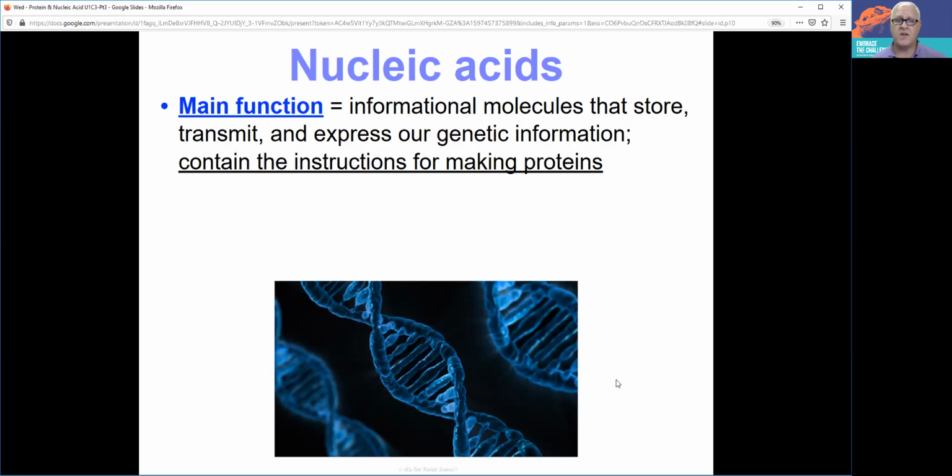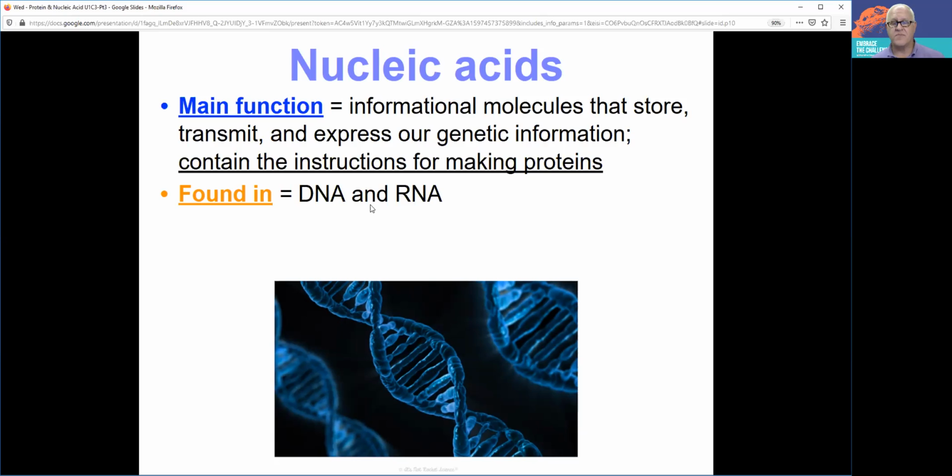So I want you to think of the nucleic acids as the information storage molecule. It takes all the information from the DNA and the RNA and the genetic information, and it contains the instructions for making the proteins.